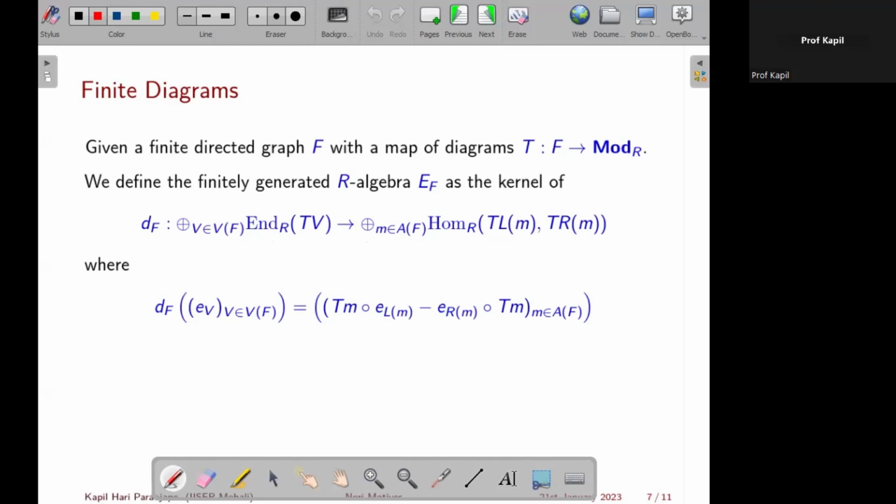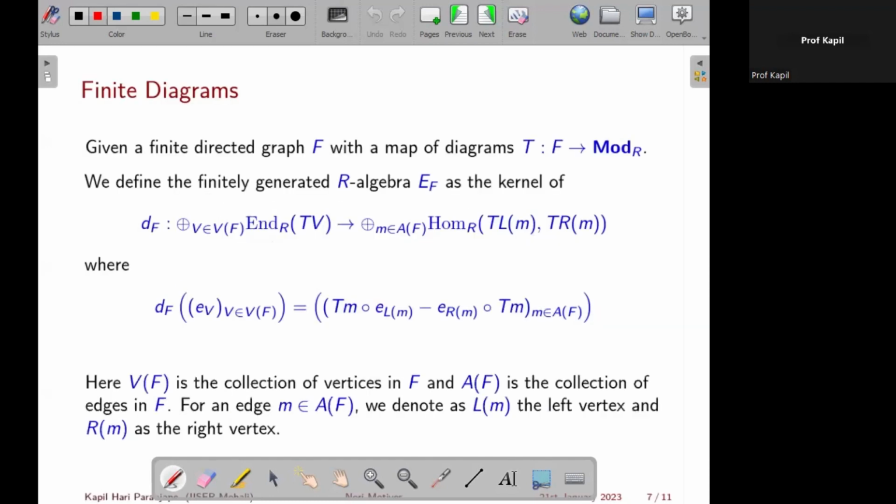So for each edge M, you have this morphism from the left. Here VF is the collection of vertices in F, AF is the collection of edges or arrows, and for each edge M in AF, we take LM as the left vertex and RM as the right vertex.